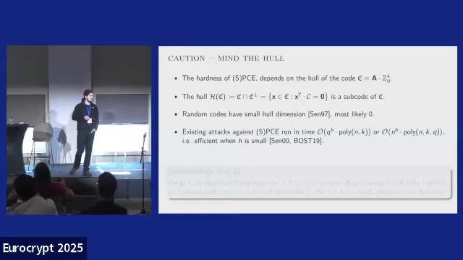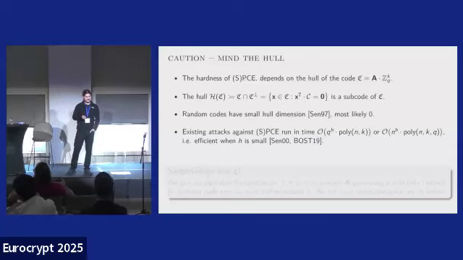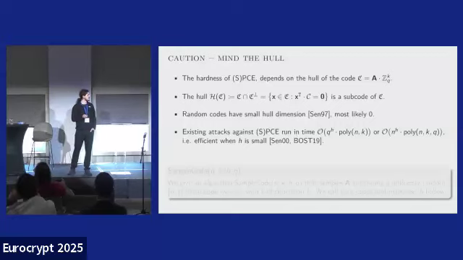Right. But we have to be careful, because the complexity of signed permutation code equivalence, and just permutation code equivalence, in general depends heavily on a special subspace of a code called the hull, which is a product of the fact that the Euclidean geometry over finite fields is quite messy. So there are a lot of degenerate vectors that are orthogonal to themselves in any code.